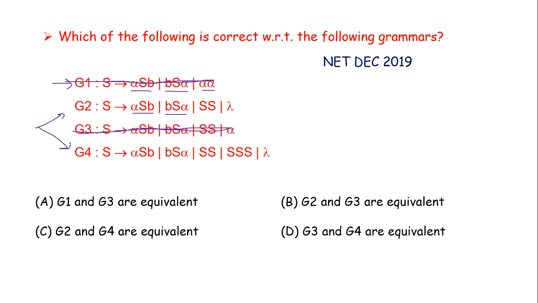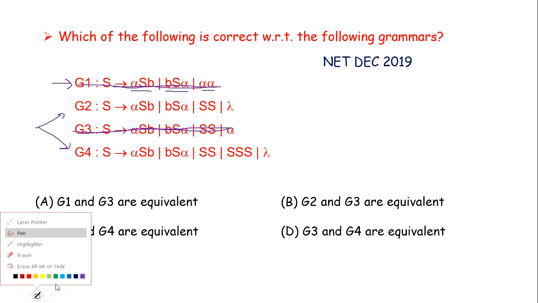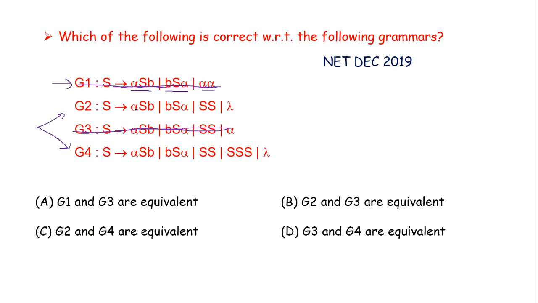Now there is one more method to see this. It is quite a direct method. Just see, the first production in both these grammars is alpha SB.